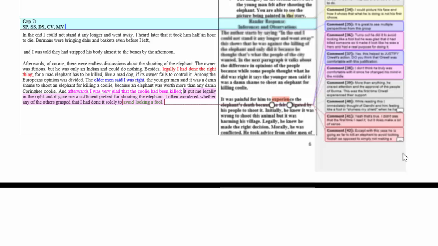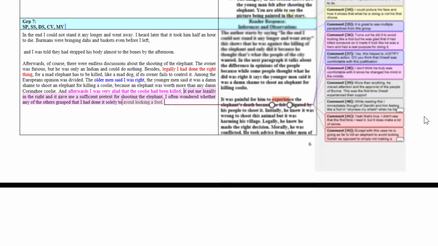Of course, these comments also included 1 or 2 from the instructor, but this shows a rather good level of engagement, and none of the comments were a mere "I agree," but actually getting into serious discussion with each other or expressing disagreement. For example, comment 38 states, "I don't think he truly was comfortable with it since he changed his mind," talking about Orwell's situation in the story.